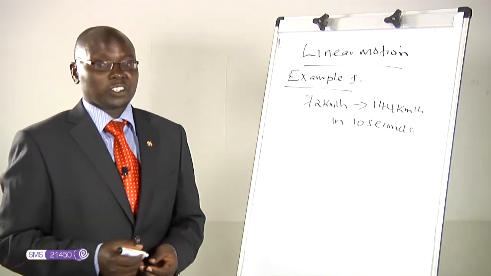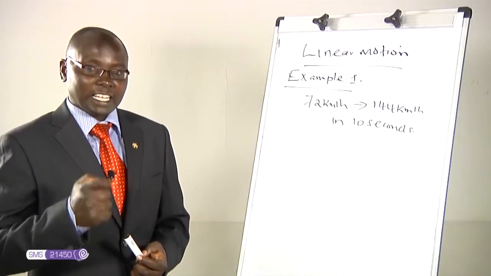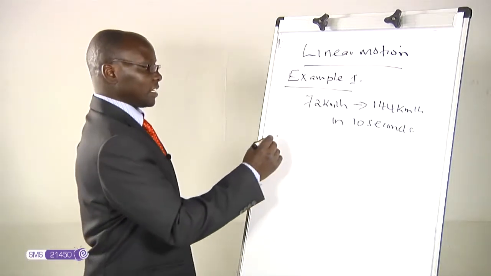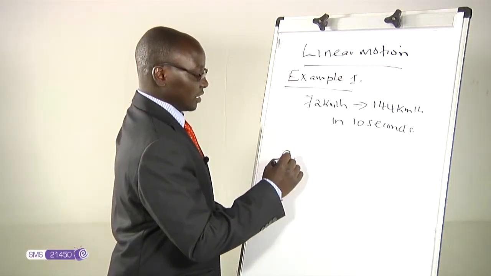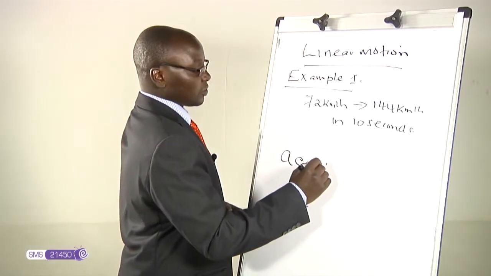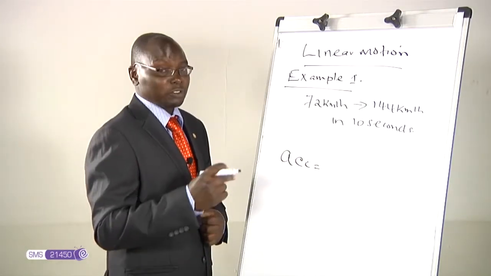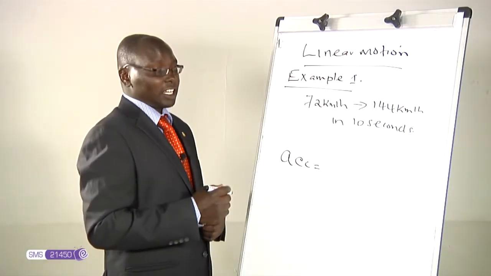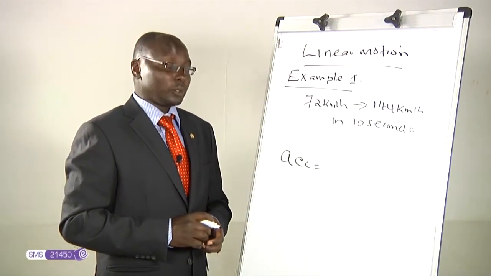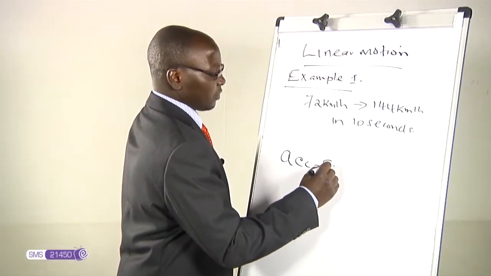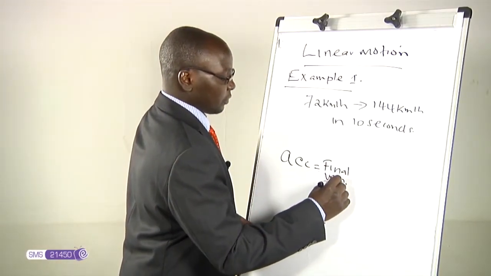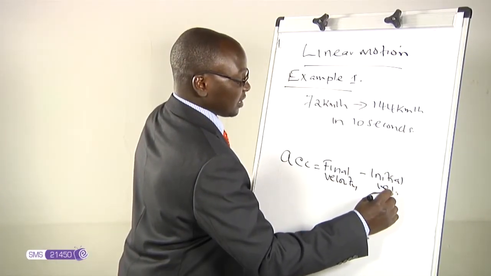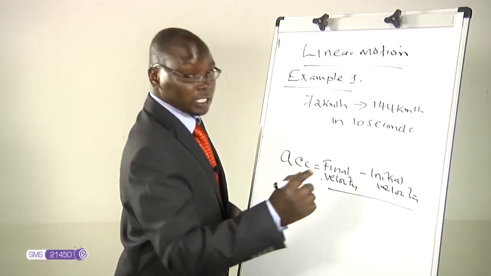So as I said, from the definition of acceleration, acceleration is change of velocity with time. Writing that as a formula: acceleration is equal to the change in velocity, that is, the final velocity minus the initial velocity, divided by the time taken.